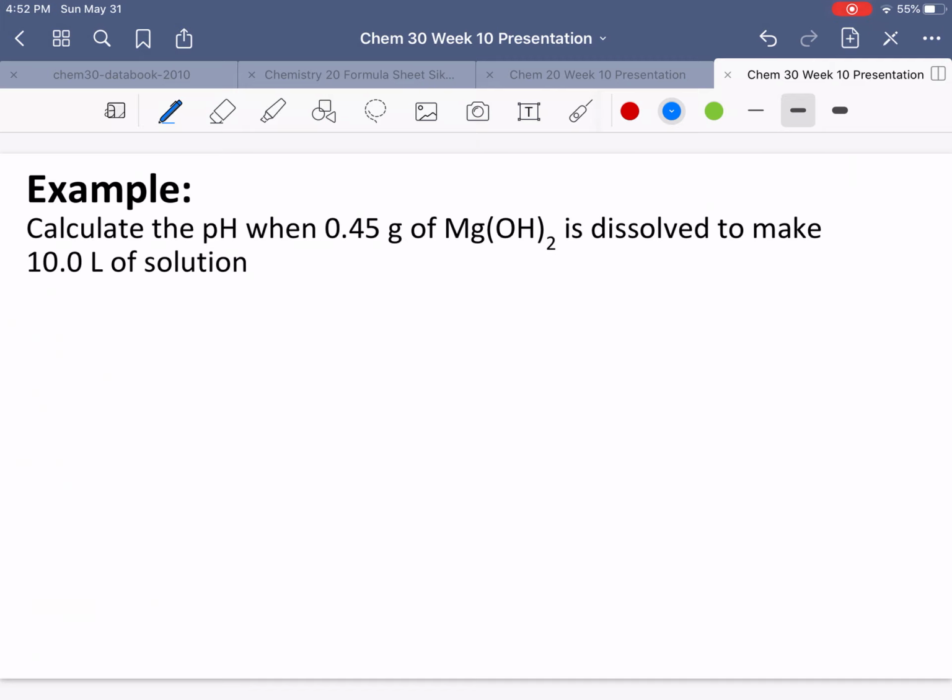Now, scenario-wise, when you're given questions and examples, this is another thing you need to take the time to look at. If we have a strong base, then you can assume 100% dissociation, which makes the number crunching and the calculating that much easier, right? There's not as much work that needs to be done. You don't need to deal with, for instance, an equilibrium situation.